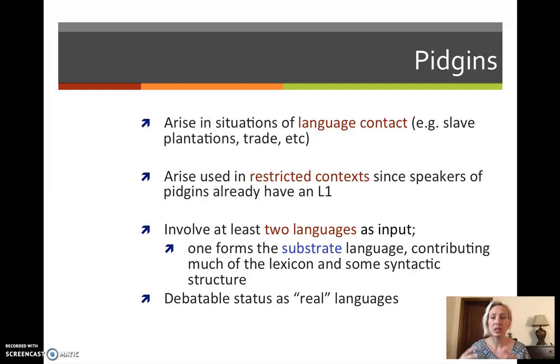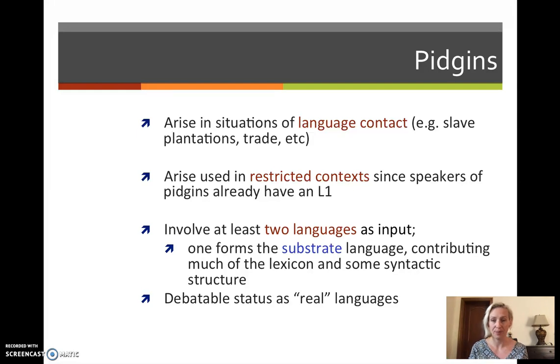So they're not going to try and learn a whole new language that they could speak together. So they are used in very restricted contexts, right? The speakers already have their first language. They don't want to learn another language. They're creating a simplified version that will be useful in the very limited context that they need to communicate with the other people.